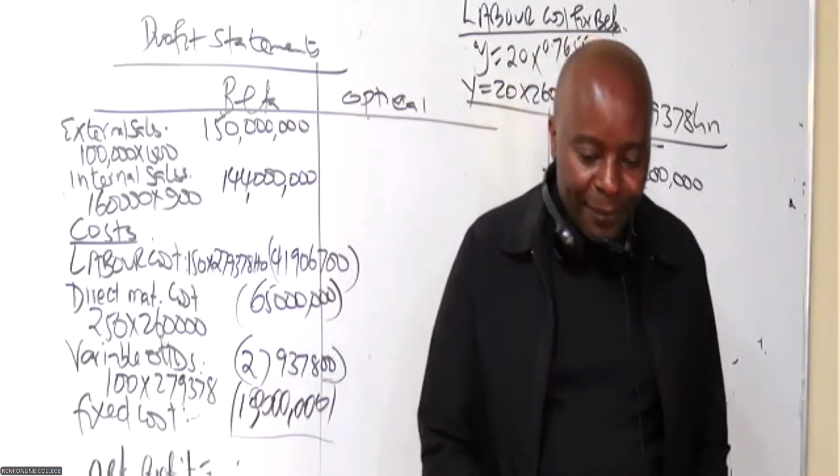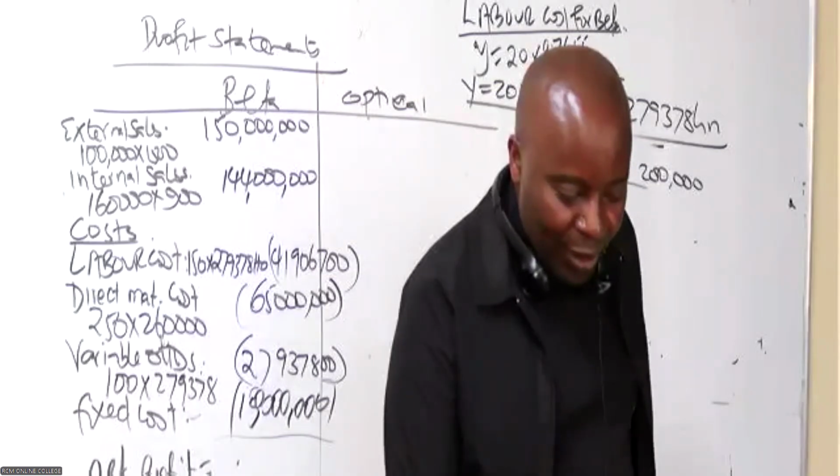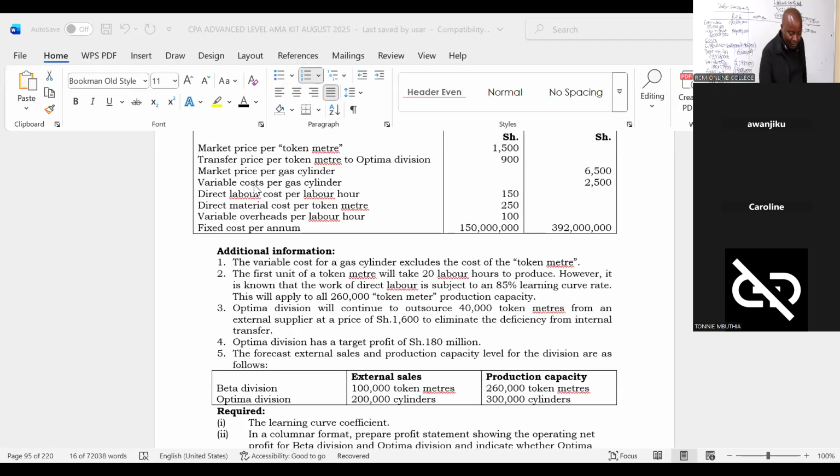Why do we not use it? Because we're not selling gas cylinders here in beta. You can even see the variable cost per gas cylinder. It's under which column? Are you seeing the 2,500 is under Optica?